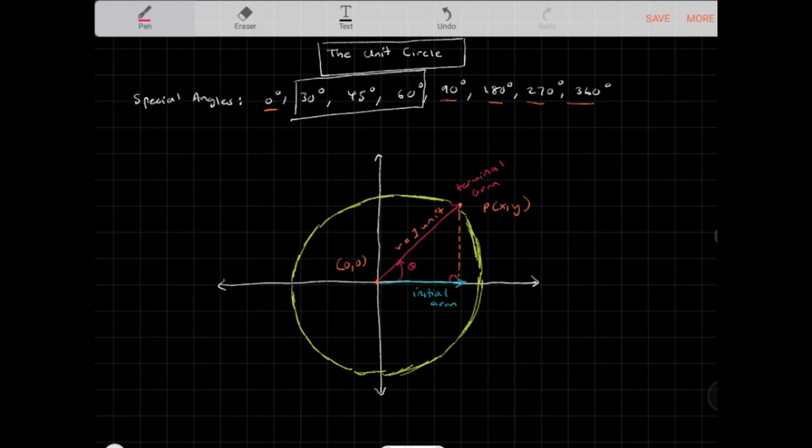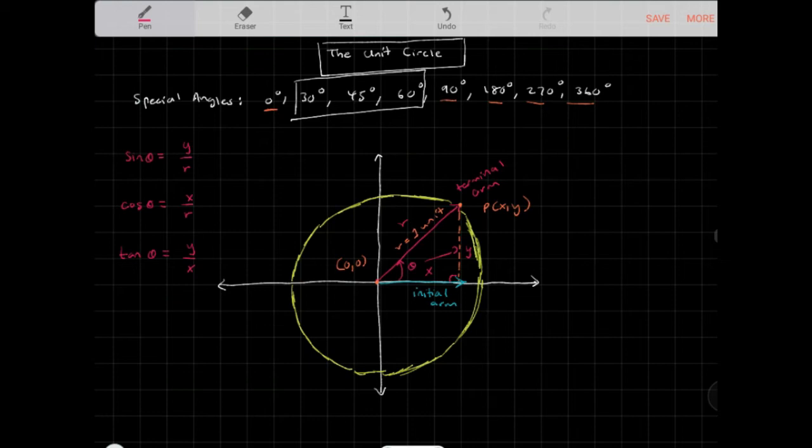Because this point can be expressed as (x, y), this dimension here is x, this dimension here is y. So therefore, the ratios of the angles are as follows. Call this guy r, right? Sine theta is opposite over hypotenuse, so it's y over r, right? Cos theta is basically x over r, and tan theta is basically y over x, okay?